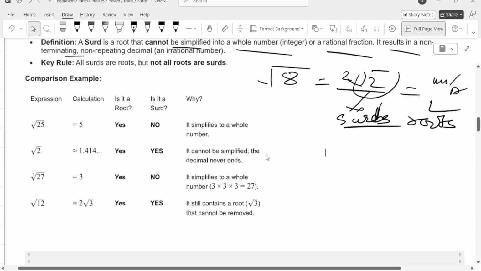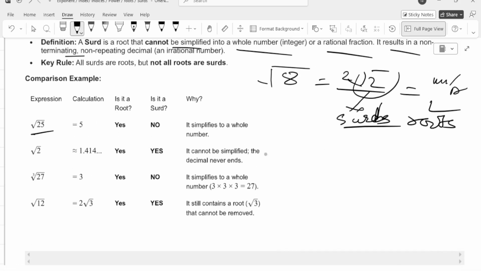So here is a simple key differentiation. Root 25 is 5: is it a root? Yes. Is it a surd? No, because there is no root value left; simplified, it is a whole number. Root 2 is approximately 1.414 and continuing: is it a root? Yes. Is it a surd?